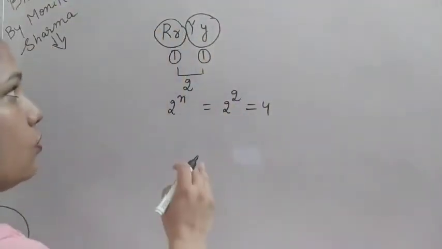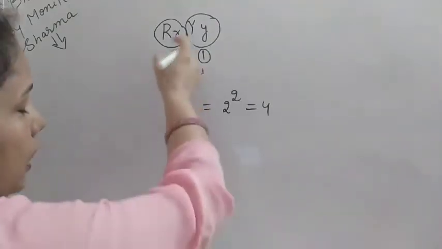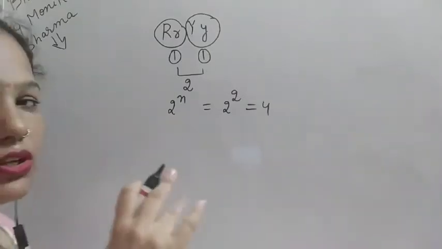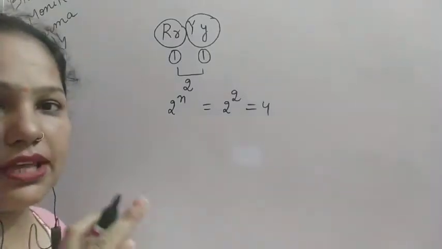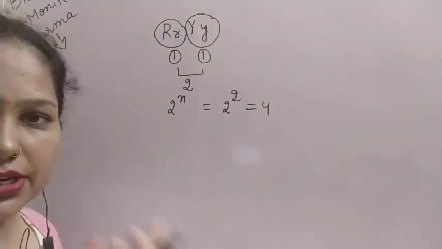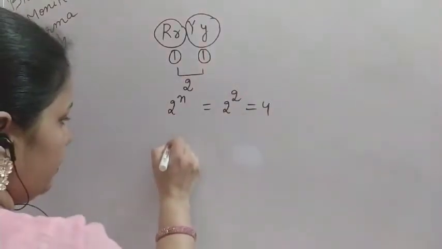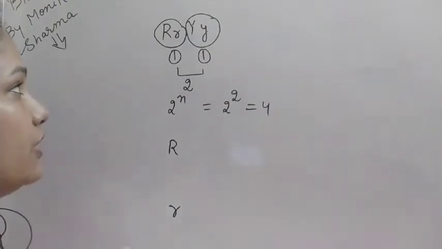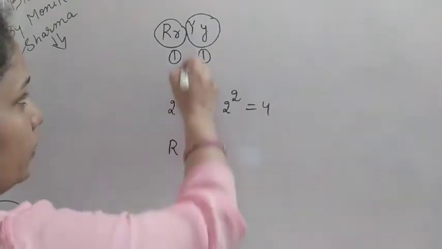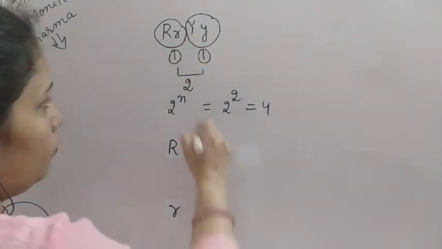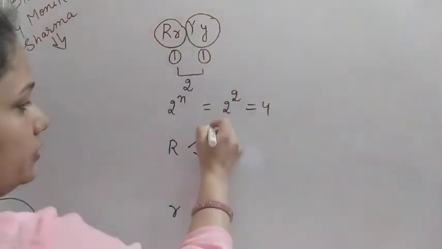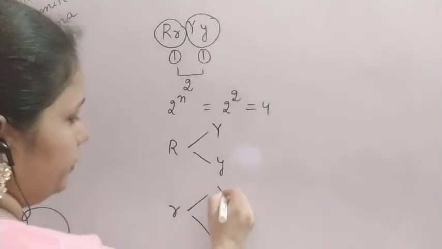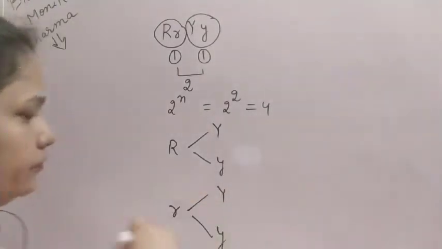So how many gametes are formed here? 4. Now how can we make the gametes? Firstly we have to write the one character, like round and wrinkled. So here I am writing round, here I am writing wrinkled. Then again you have to write along with both the characters, capital Y, small y, capital Y, small y.